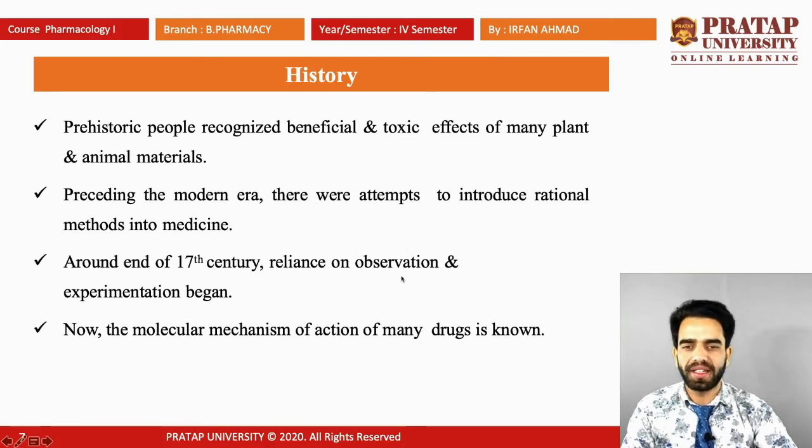In prehistoric or ancient times there was no observation and no experimentation; that was just hit and trial. Now, in the modern era, the molecular mechanism of various drugs is known, so it has changed to observation and experimentation.